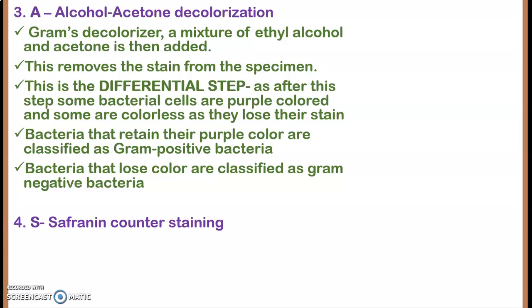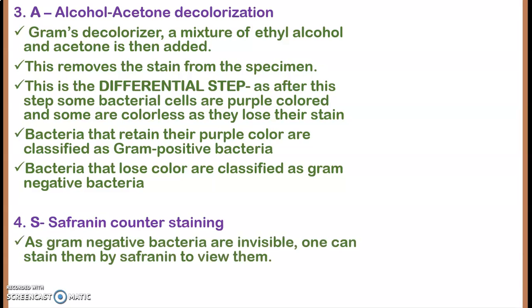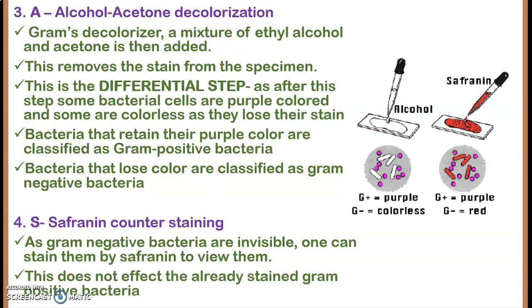So then what we do is S for safranin counter staining. We apply this safranin to the culture or the specimen, and the Gram negative bacteria which were invisible previously are now easy to see.